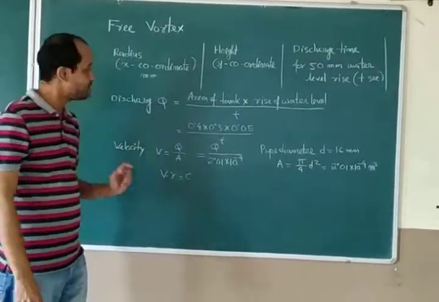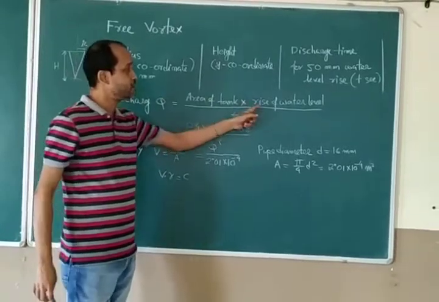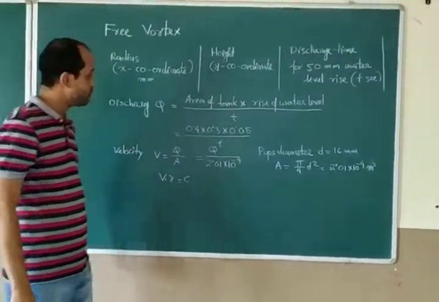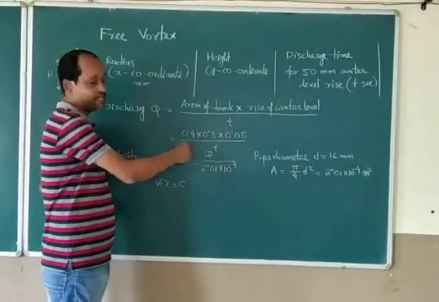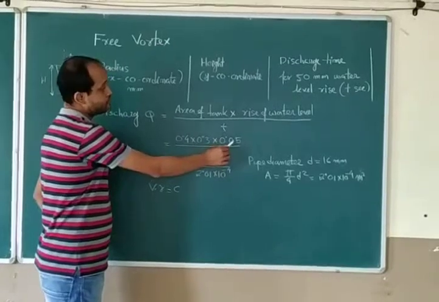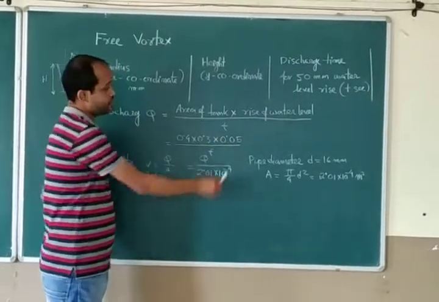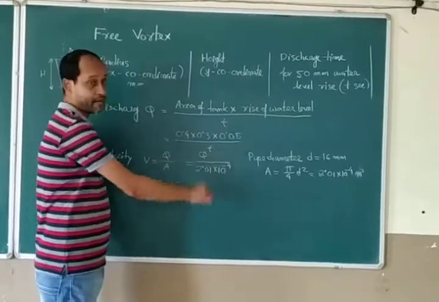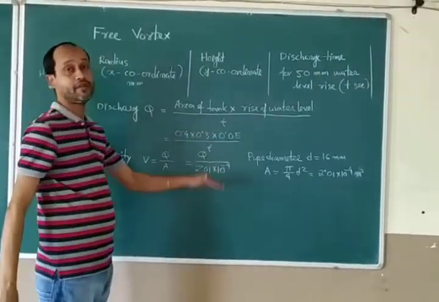So what is discharge? Area of the tank into rise of water level divided by the corresponding time. Here the area of the measuring tank is given as 0.4 into 0.3. This is 50 mm, so I convert this into meters, 0.05, divided by the time required to fill up the 50 mm of water.